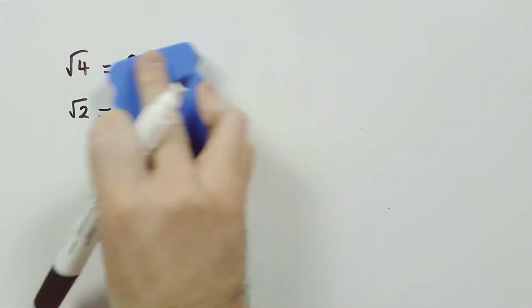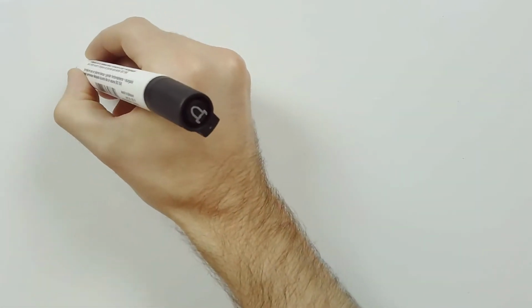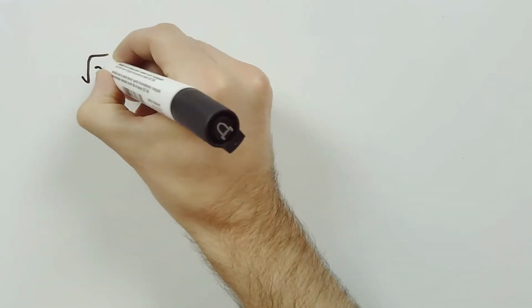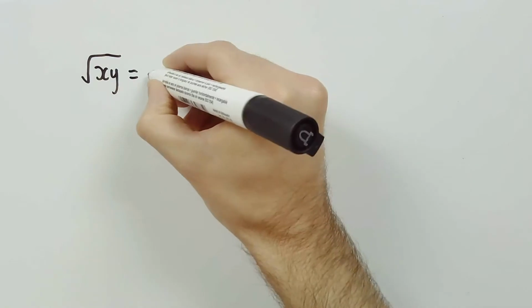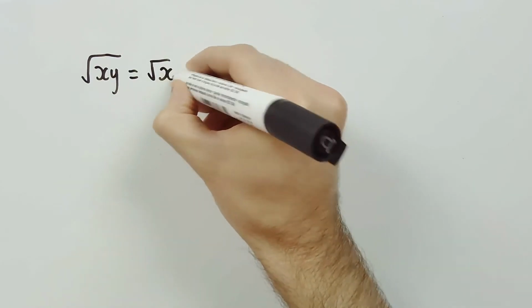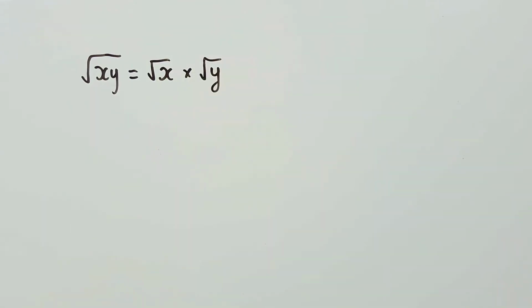So the main rule or law to remember when simplifying surds is the following: square root xy can be broken down into the square root of x times the square root of y.